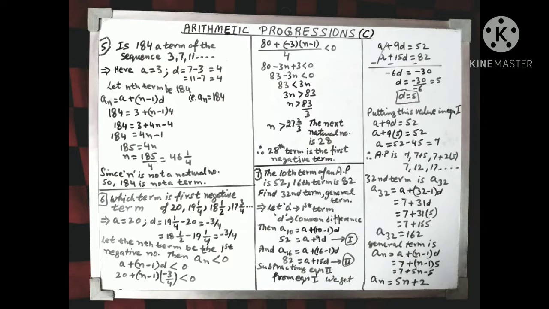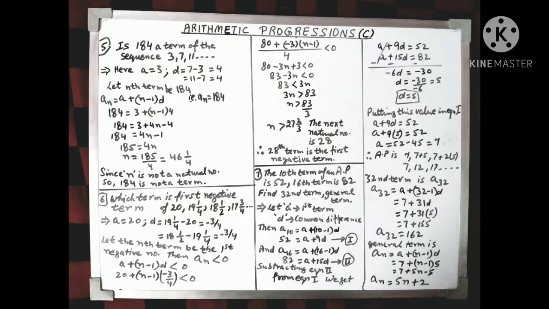This becomes equation 1. And also we are having A16 is equal to A plus 16 minus 1D, that is 82 is equal to A plus 15D. This is equation number 2, right?